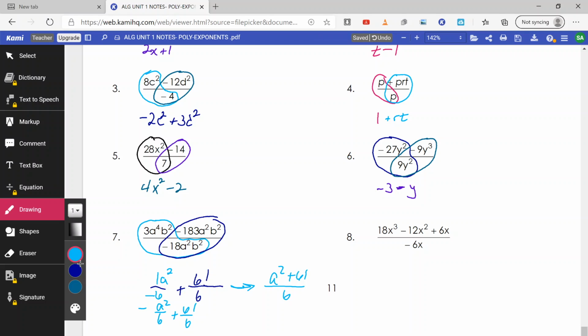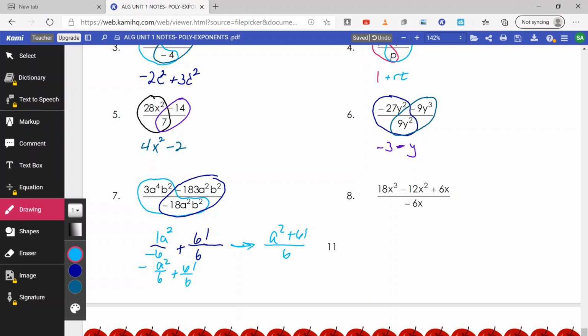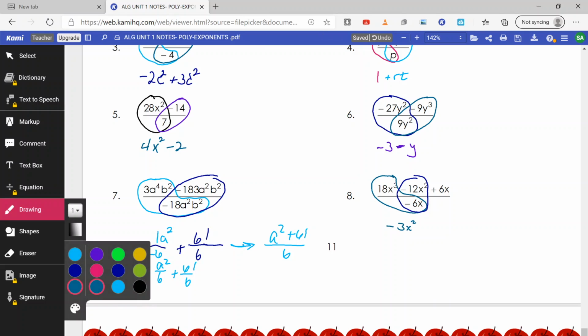And last but not least, with number 8, we have 18x to the 3rd minus 12x squared plus 6x all over negative 6. So again, one at a time. 18x cubed divided by negative 6. We have negative 3. X cubed divided by x. 3 minus 1 gives me x squared. Next up, I'll do negative 12x squared divided by the negative 6. Negative divided by negative makes positive. 12 divided by 6 is 2.